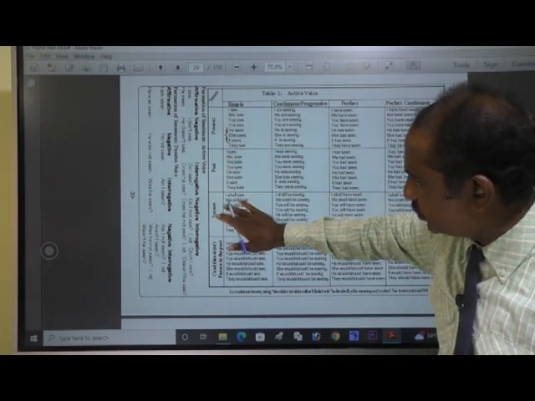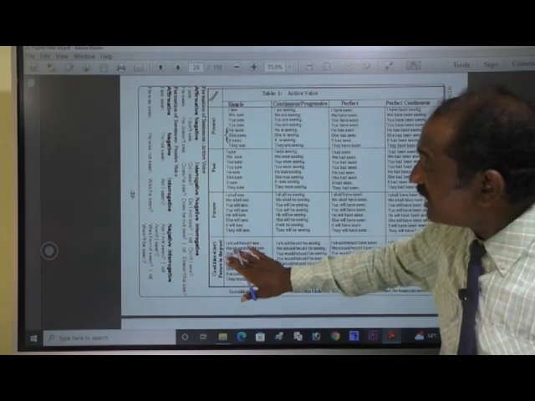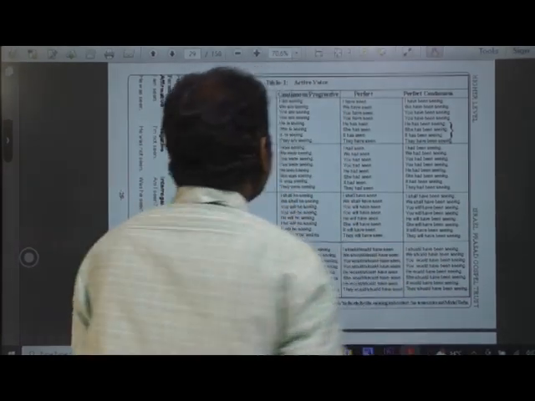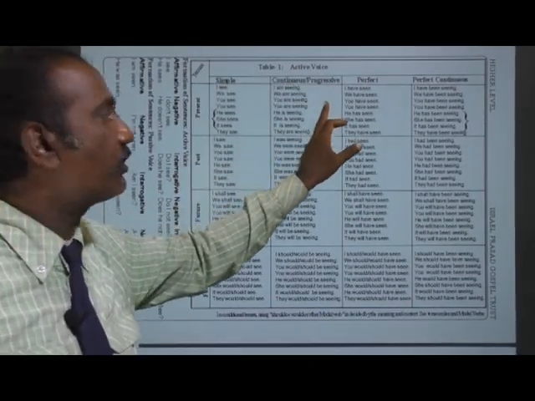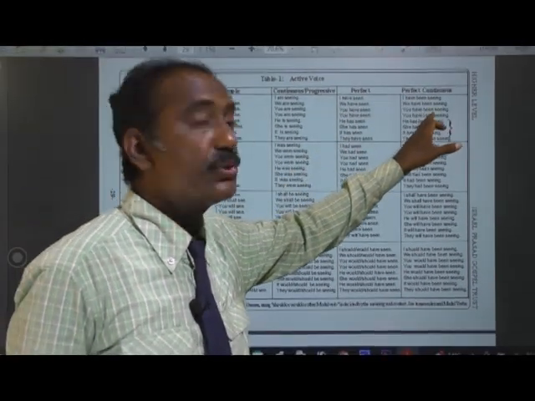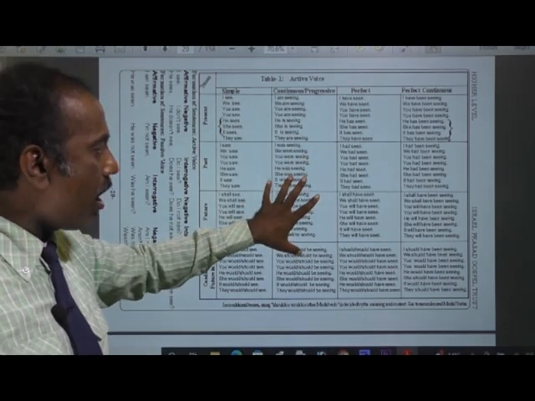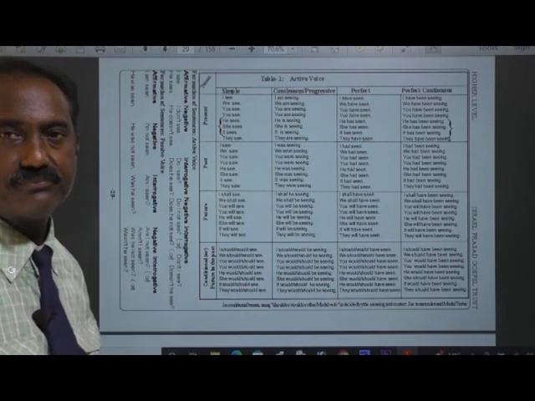Present, past, future and conditional tense, or future in the past tense, we can say. Subtenses are simple, continuous or progressive, perfect and perfect continuous. 4 sub and 4 main all together are the 16 tenses table.